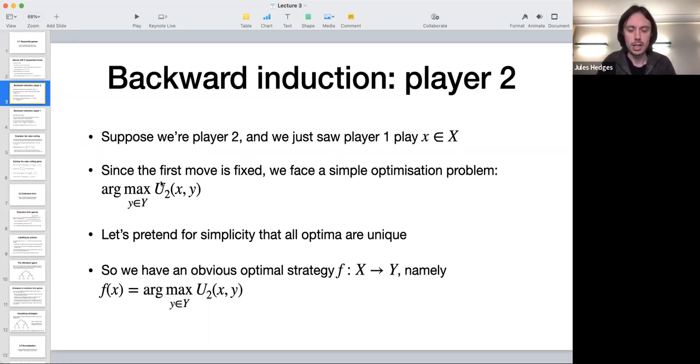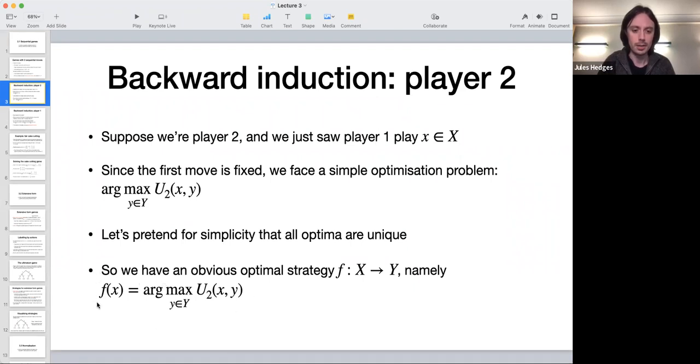Now, there's a complication coming from the fact that these optima are not necessarily unique. But for the purposes of this video, let's pretend that this optimization problem always has a unique solution. So what that means is that player 2 has an obvious optimal strategy, a choice of y given every x, namely this thing.